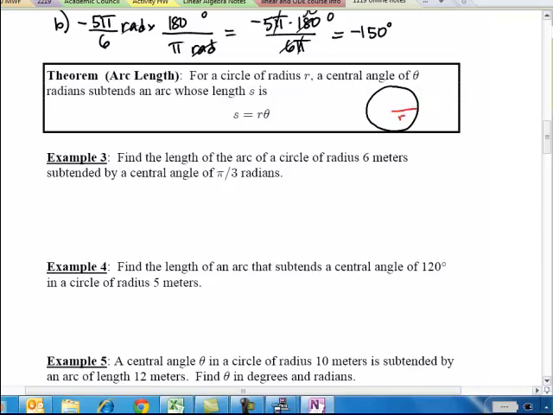We have an angle in here of theta radians, and we want to know what's the arc length right here. That's called the arc length for a sector. And we can show where this formula is coming from before we use it. Let's do a proof over here on the side.